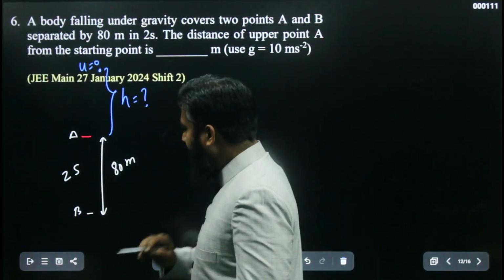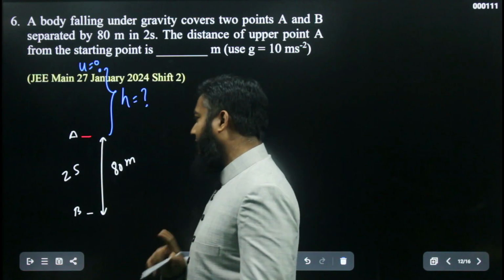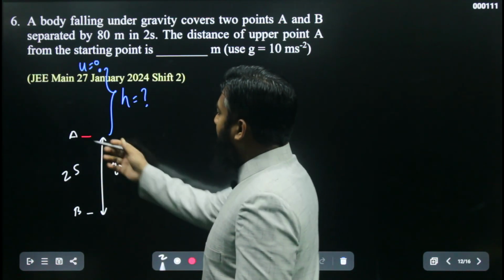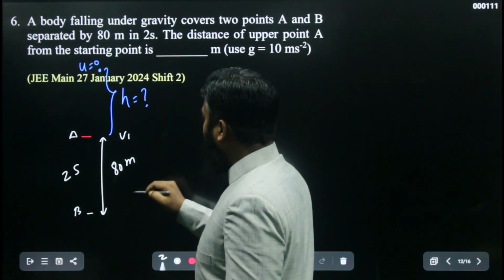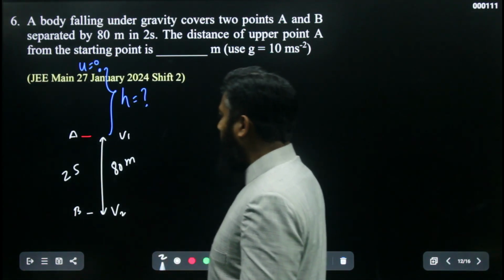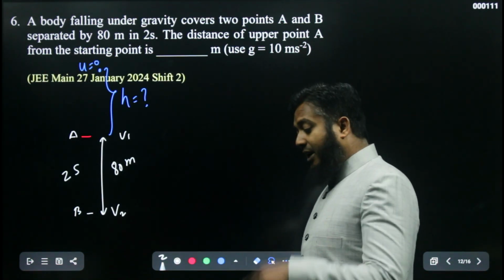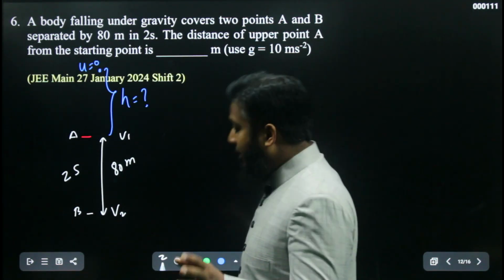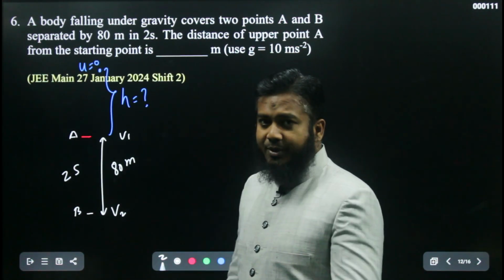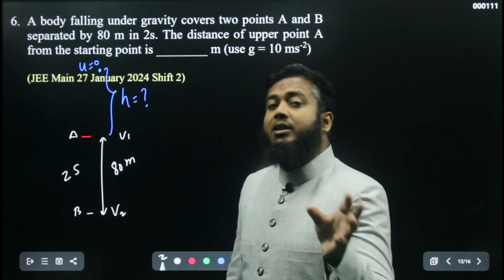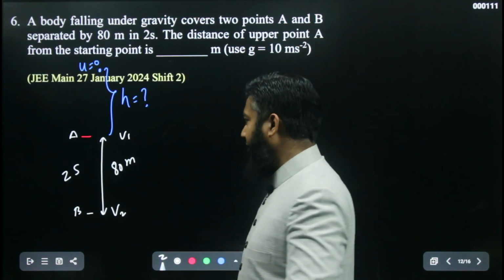This distance is given to us and the time taken by the particle is given to us. Suppose at A the velocity is v1 and at B the velocity is v2. And we have seen in previous segments, when a particle moves with a constant acceleration, the average speed can be written as simply the mean value of initial and final speeds.